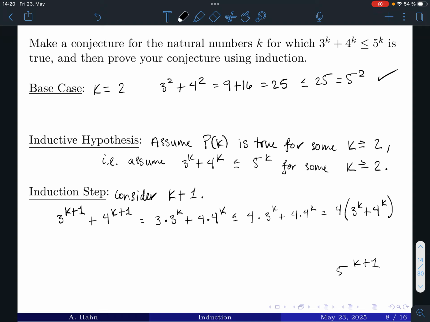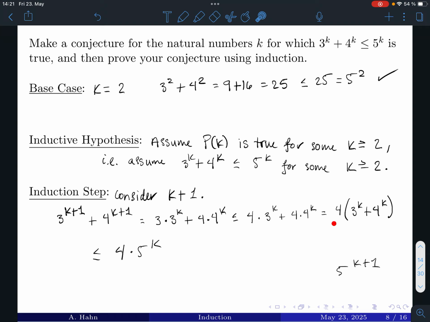Okay, so that's good. And then we're going to say that this term, the one we just wrote down, using the inductive hypothesis, is less than or equal to 4 times 5 to the k. Because by the inductive hypothesis, 3 to the k plus 4 to the k is less than or equal to 5 to the k.